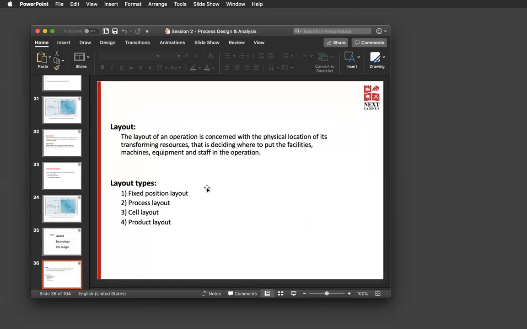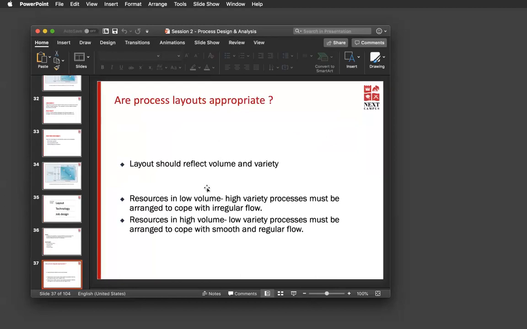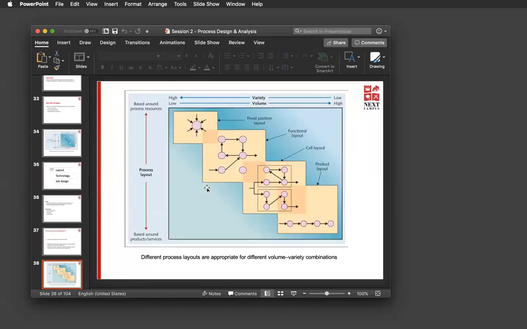Now, in a fixed position layout, the fixed position layout is generally used by a project process. So you need to be very clear about the relationship between the layouts and the processes. A fixed position layout is generally used for a project layout.